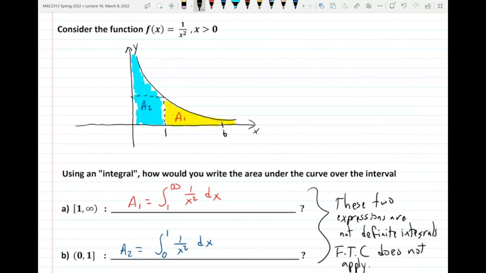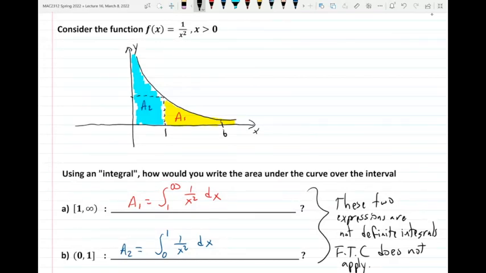So I'm going to compute the integral from 1 to b, because that's going to give me my area from 1 all the way up to b, right? The bigger b gets, the closer and closer the computation gets to the actual area that we're trying to compute. So our job is to make b go to infinity. We know how to calculate that, okay?